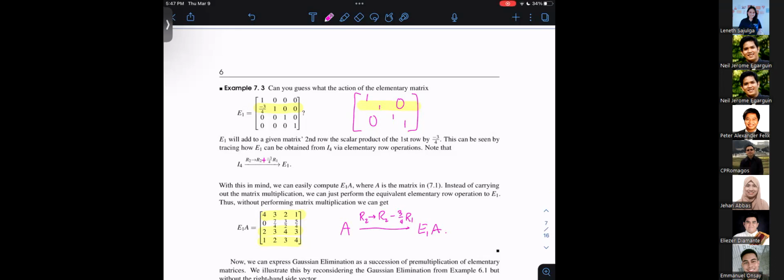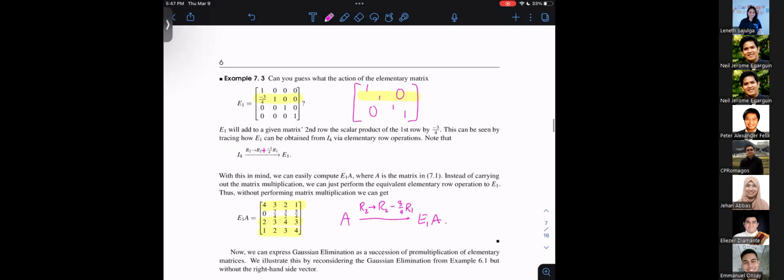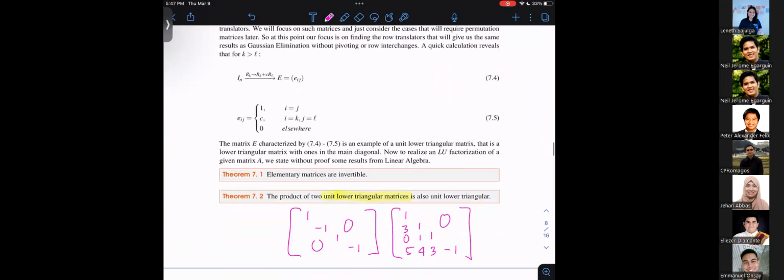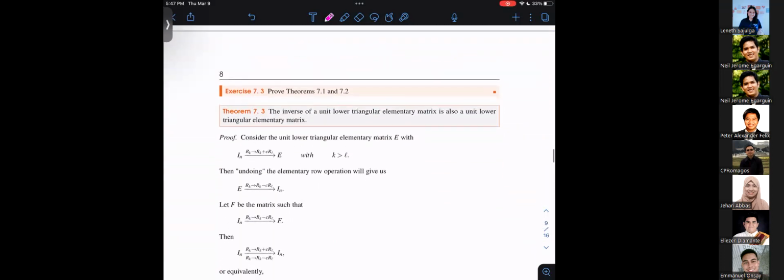You can just store the matrix L, the matrix U, and use that to solve any system. Any system with the same coefficient matrix, but a different right-hand side vector, right? Now, let's look at a particular example of how this can be very useful.